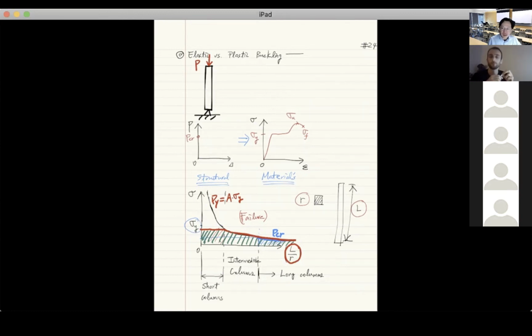In the early days, people debated what we should use. Some people proposed using L over R squared, which is not exactly the same. Because there were lots of different choices, they found that this ratio, L over R, actually gives the best indication.